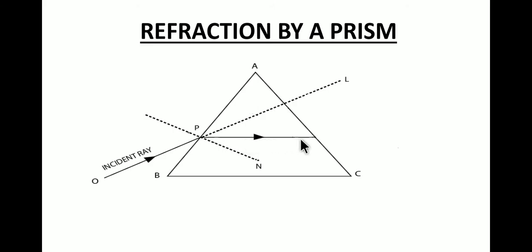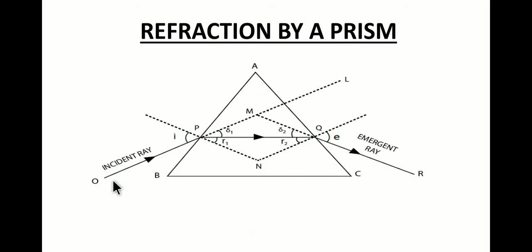At this point, when it is incident at this surface AC, since the light is traveling from glass to air, that is from denser to rarer medium, it will bend again, away from the normal. Over here, the path of light, as we can see, moves inside the prism and again emerges out of the prism in this way.